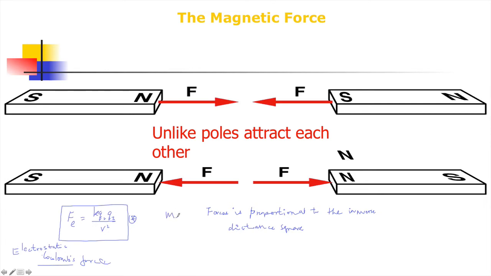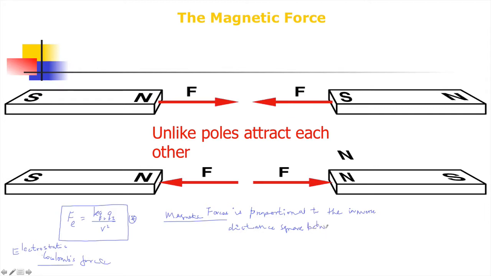So this is the magnetic force. That same Coulomb who developed the electrostatic force also experimentally observed that the magnetic force is proportional to the inverse distance square between the magnets.